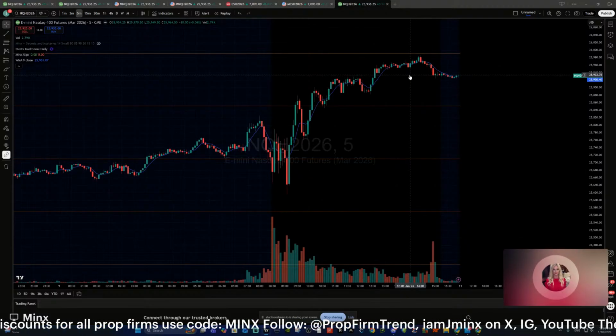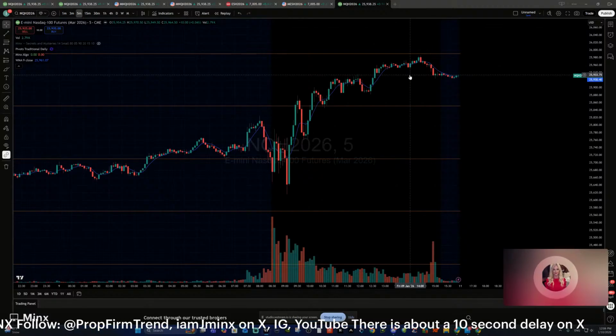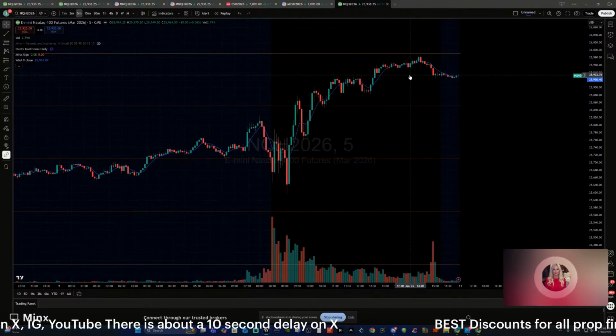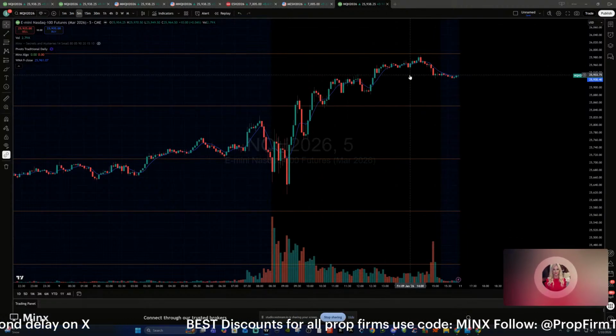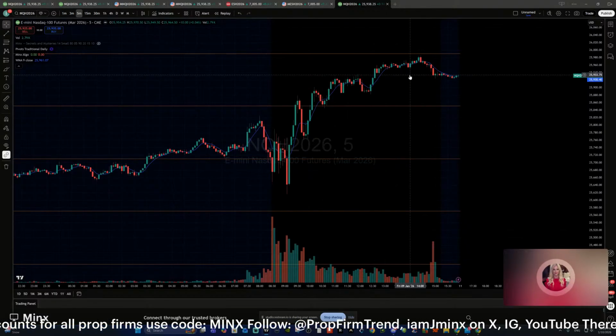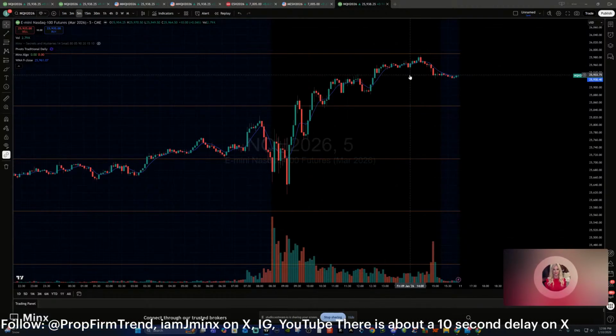There's a dopamine hit, and you're going to start building a bad habit, and it will transpire into your evaluation and into your funded accounts, and that's how people blow up their accounts. It's really due to sizing. The majority of the time that I personally have blown up an account is because of sizing.